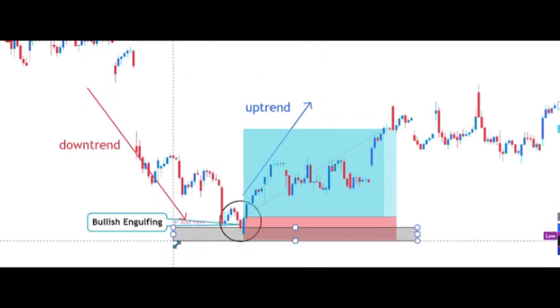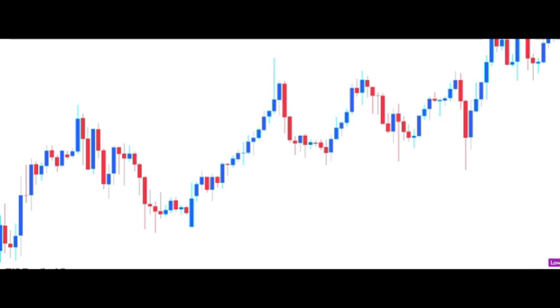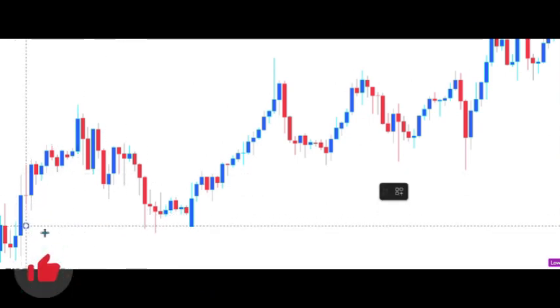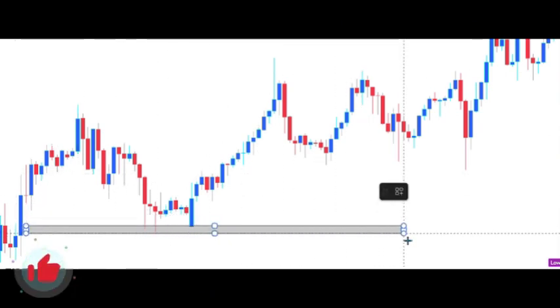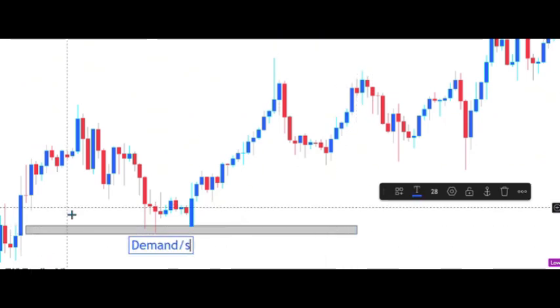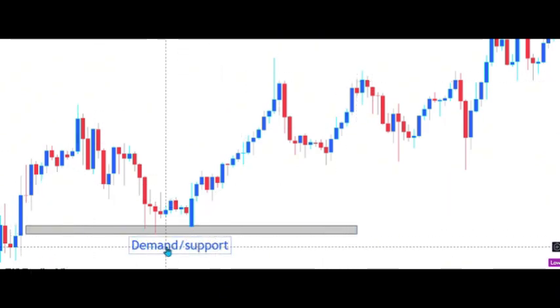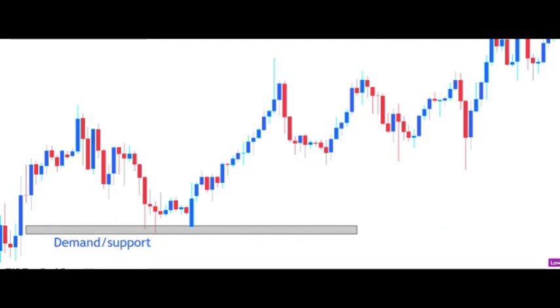As you can see, here is another illustration on the chart. This is a previous demand zone. You can see clearly that before, the price could not break lower than here. It's the first test here.